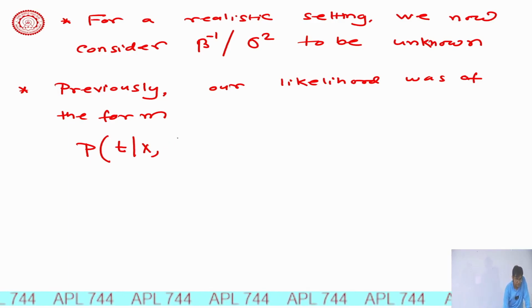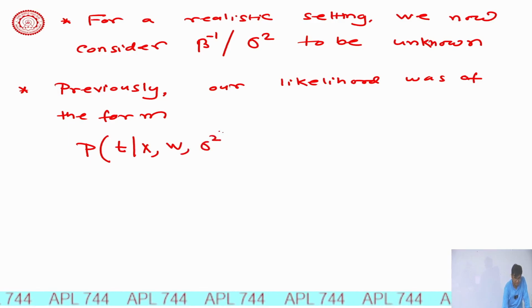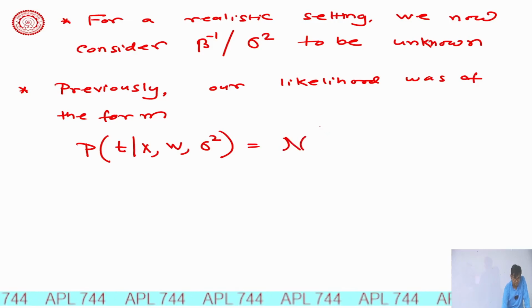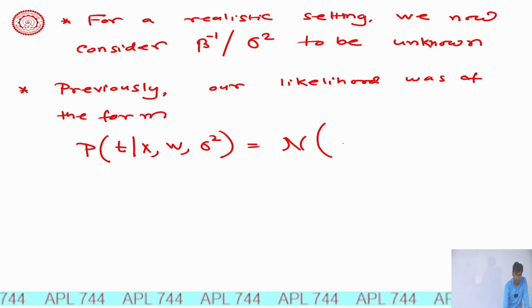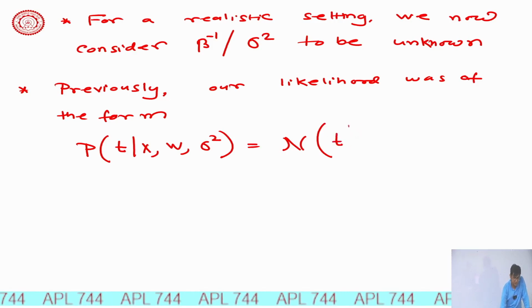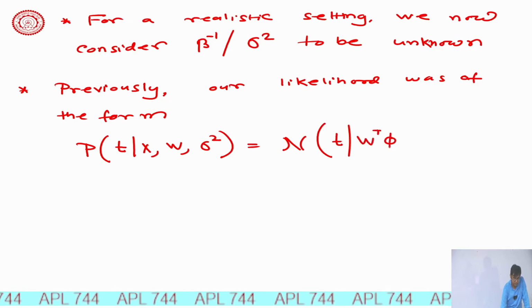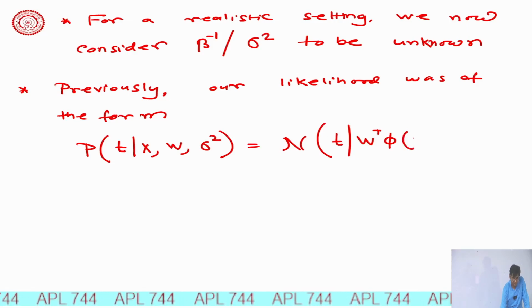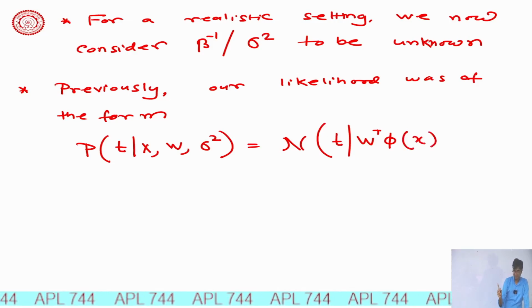So given w and beta inverse, which I am now writing as sigma square, it was equal to a Gaussian of t given w transpose phi x. This is for a single data point, remember that.